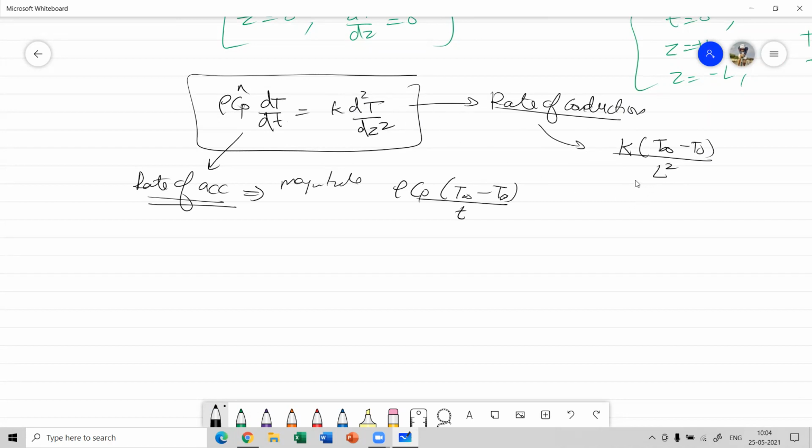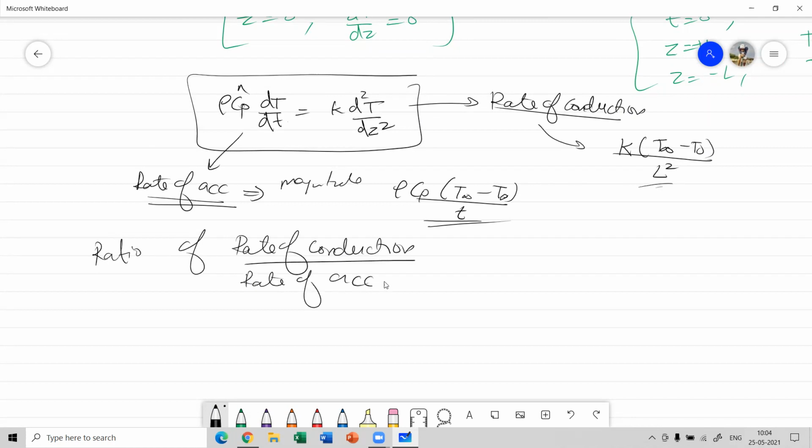Now, if you take the ratio of the magnitudes of these terms, that is, the ratio of rate of conduction to rate of accumulation, what do we have basically? K times T infinity minus T naught by L square, into t by rho Cp times T infinity minus T naught.